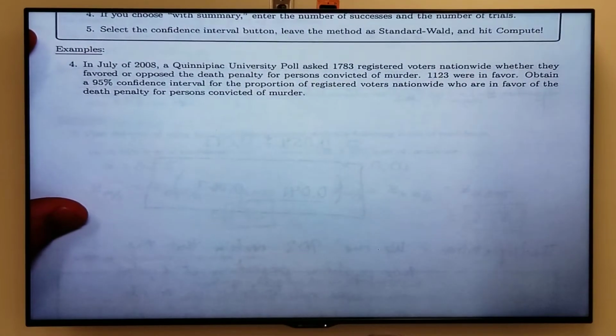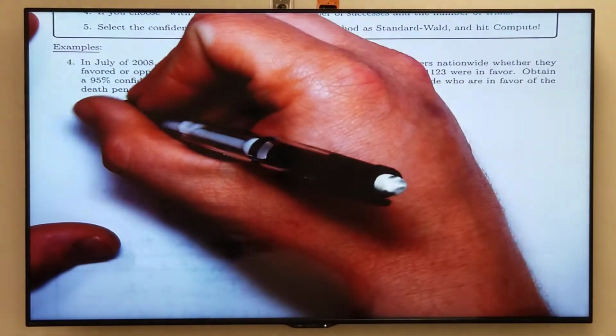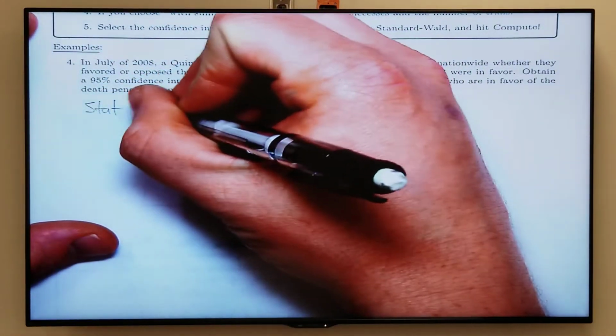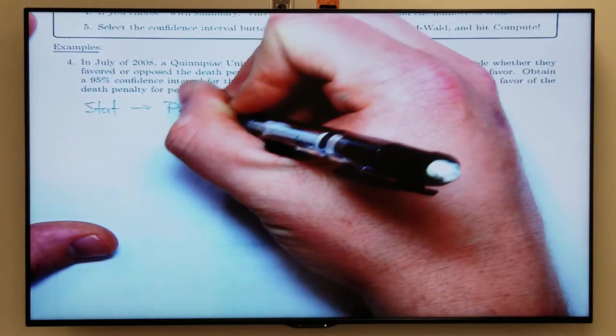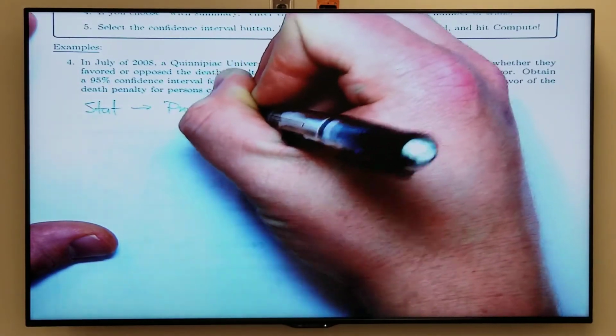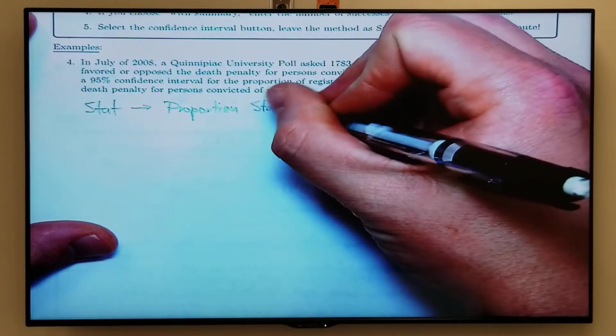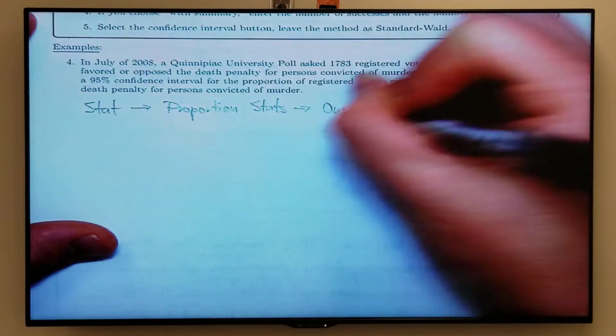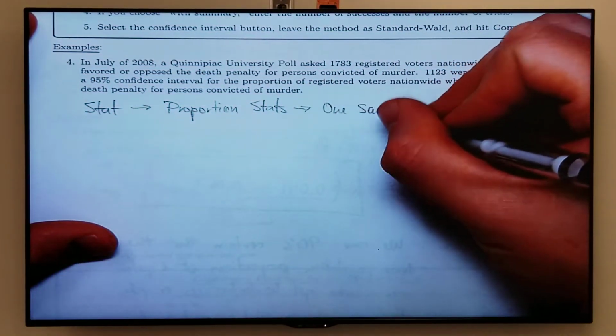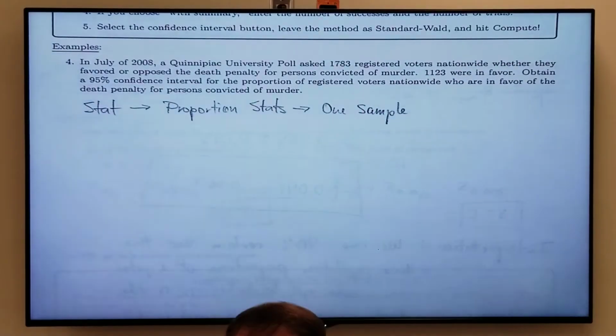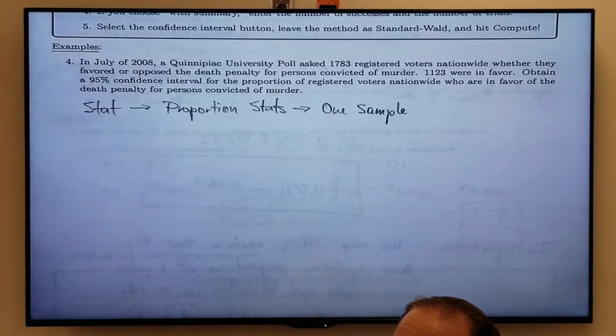So to do this in StatCrunch, we're going to go to Stat, Proportion Stats, one sample. And in this case, we do not have raw data. We have a summary of the data. The raw data would have looked like a list of yes and no's, right?